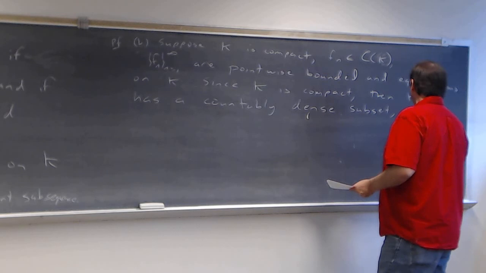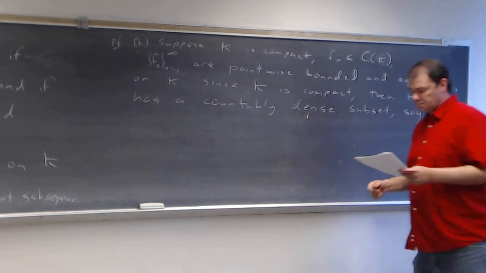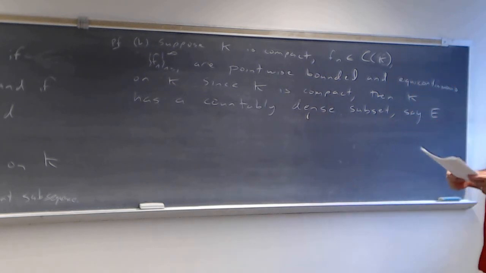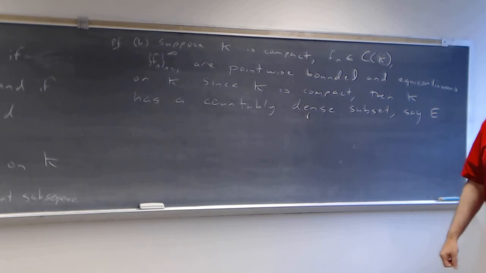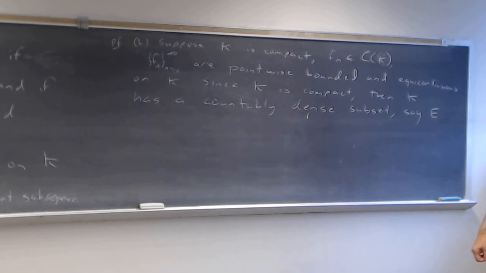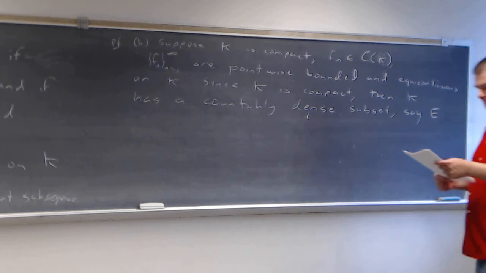Let's call it E. This is the fact I was referring to. We haven't proven that fact, but it is something that's true. We're just going to take it as a fact.